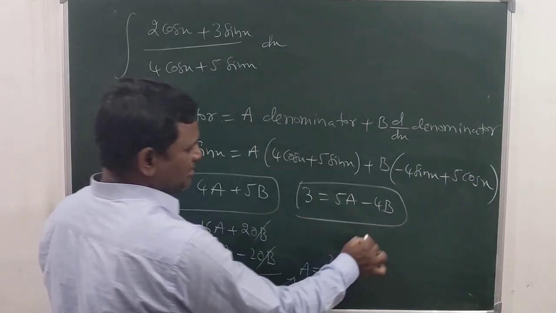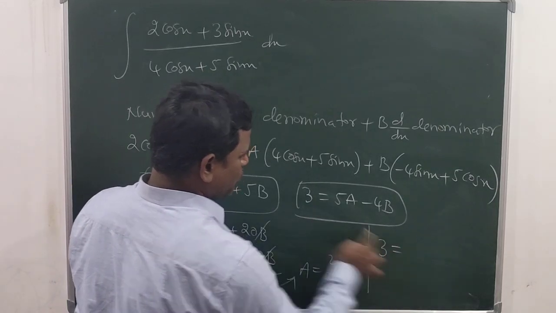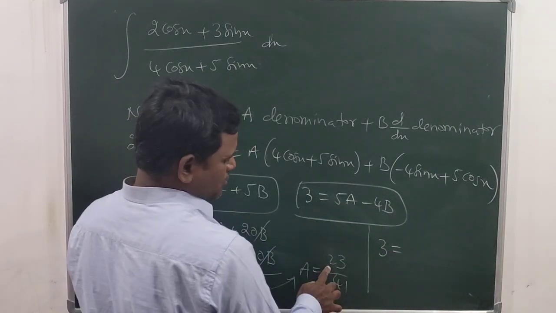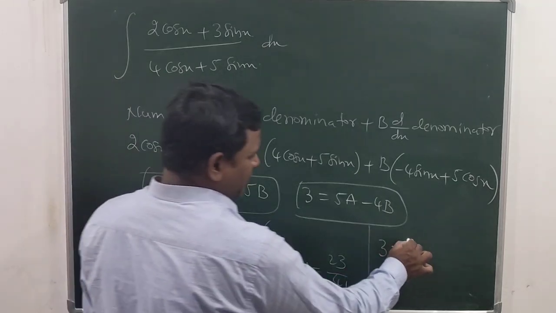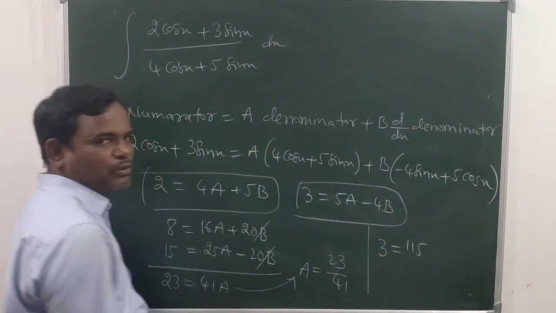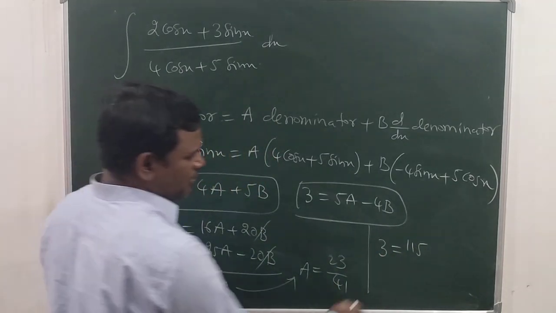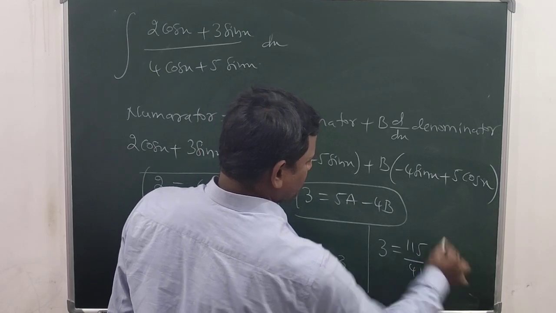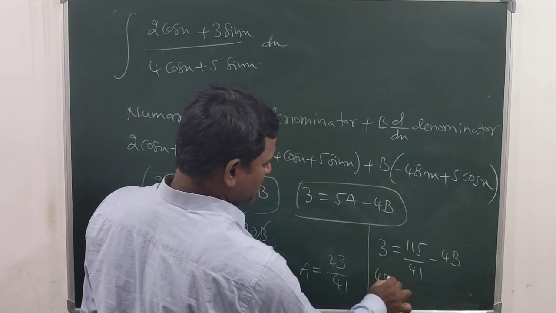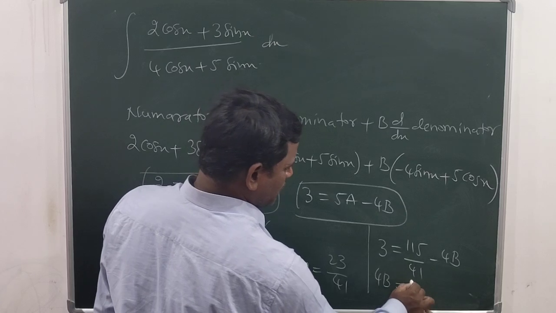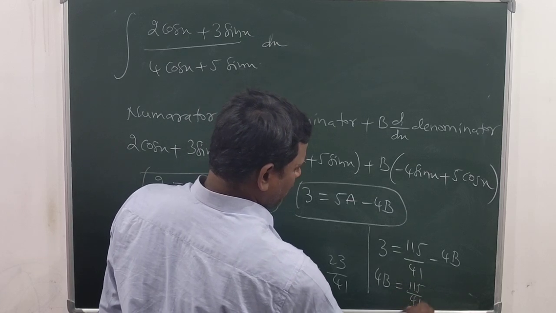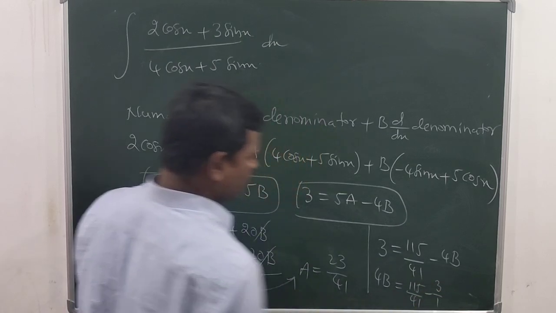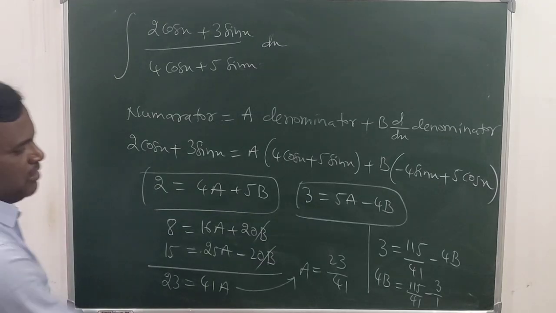I am writing in the second one. 3 is equal to 5 with A, so I think 115 by 41 minus 4B. Now make 4B the subject. So transfer this one to the right side: 115 by 41 minus 3 by 1. Simplify that.